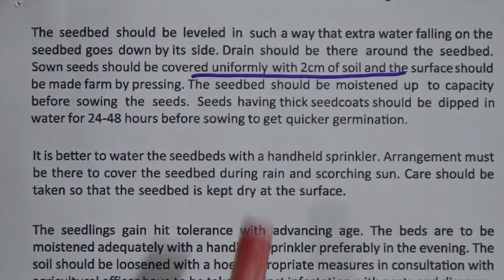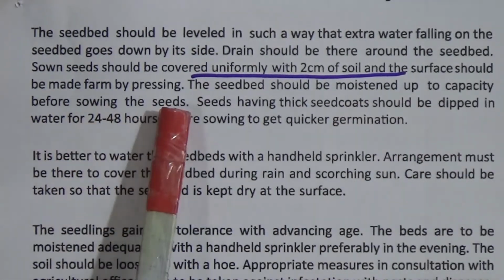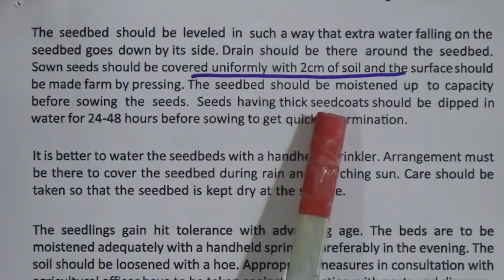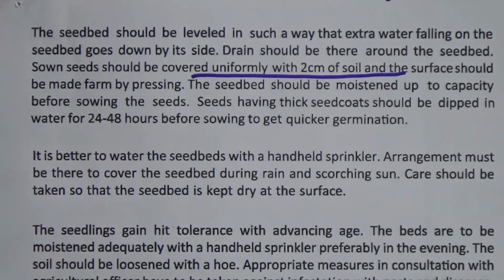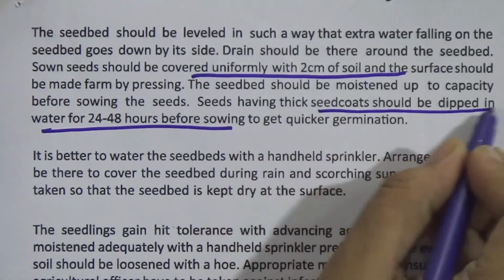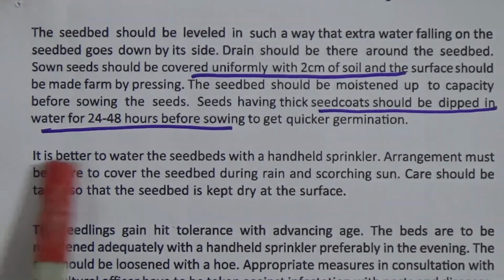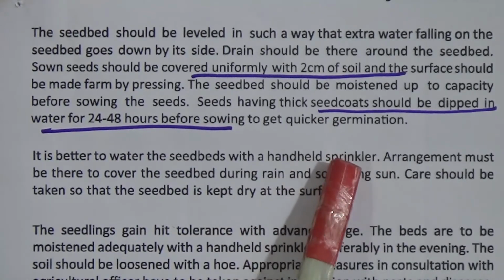The seedbed should be moistened up to capacity before sowing the seeds. Seeds having thick seed coats should be dipped in water for 24 to 48 hours before sowing to get quicker germination. It is better to water the seedbeds with a handheld sprinkler.